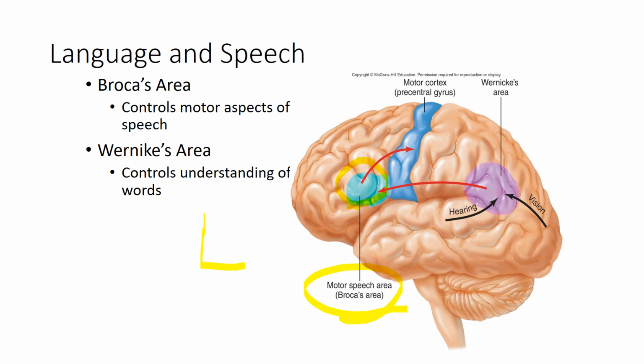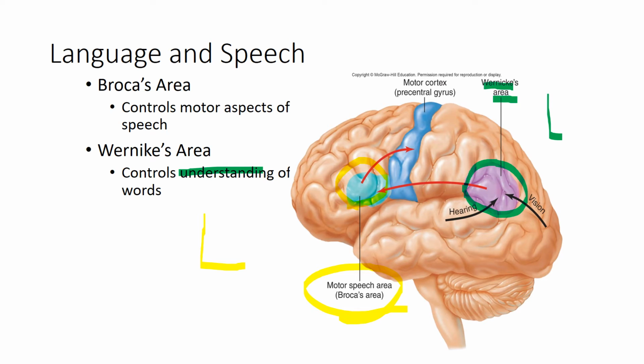The second area is Wernicke's area, which is highlighted here. This controls understanding of words. It too is located in the left superior temporal gyrus. People who have aphasia of Wernicke's area can produce rapid speech but with no meaning.